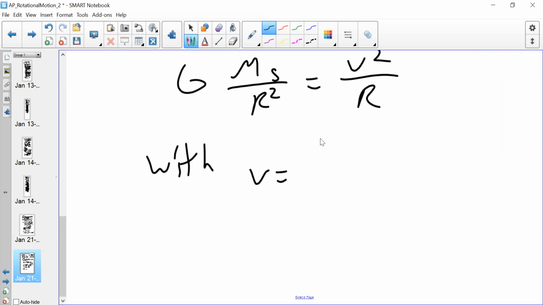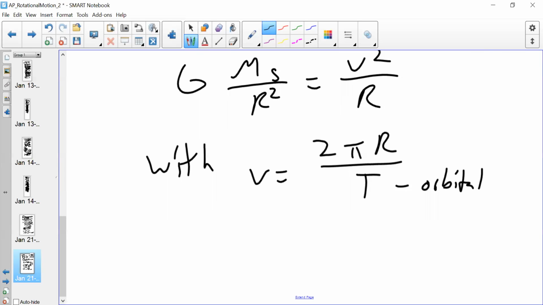So we know that velocity is 2 pi r over T. T is the orbital period, and this is the circumference or distance around the circle, right? Distance over time. So we can substitute that into our equation and get that relationship between the two.